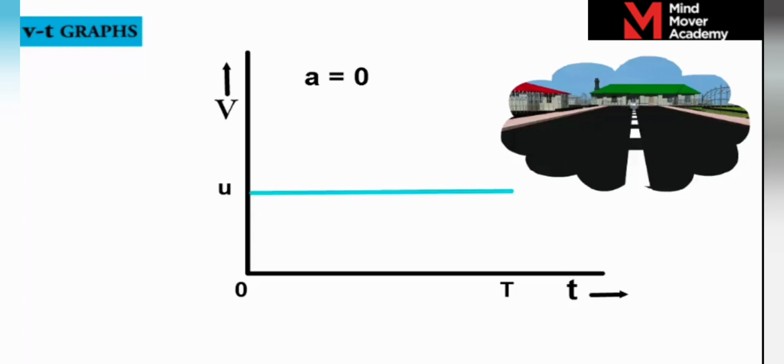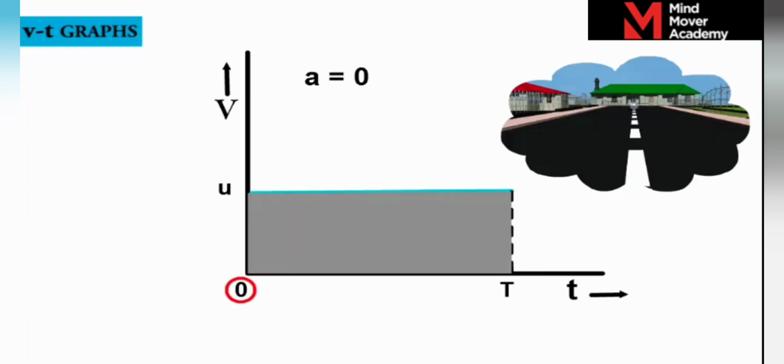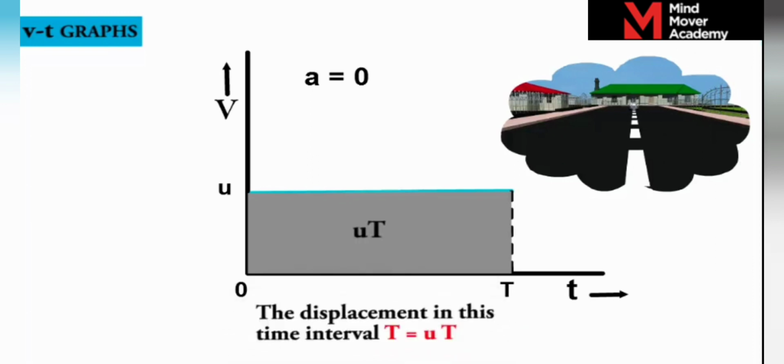The v-t curve is a straight line parallel to the time axis, and the area under it between t equal to 0 and t equal to t is the area of the rectangle of height u and base t. Therefore, area is equal to ut, which is the displacement in this time interval.